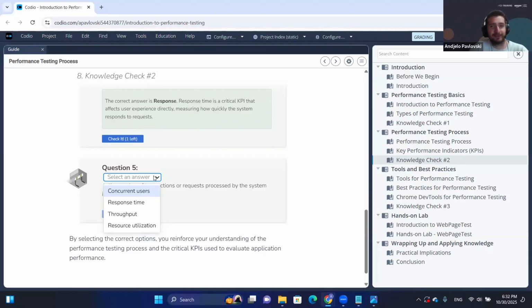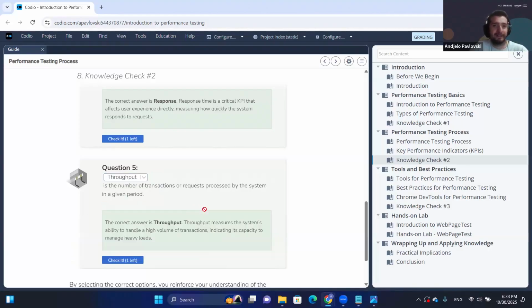I'll wait a bit so that maybe others think it's a different answer than output. Again, there's no incorrect approach. We're here to learn, so you can safely say if you think it's otherwise. All right. I'm just going to select throughput, and that is correct.